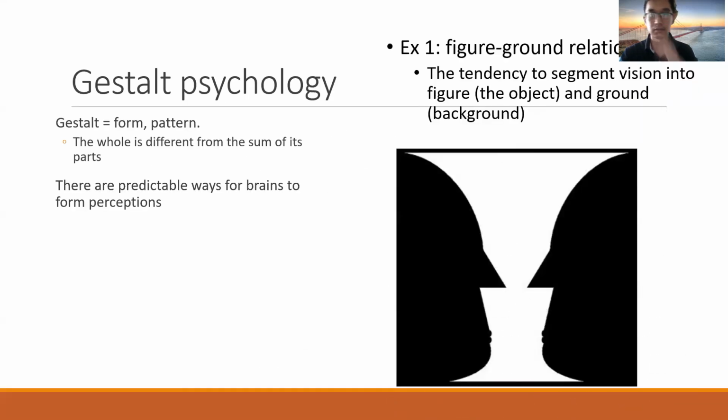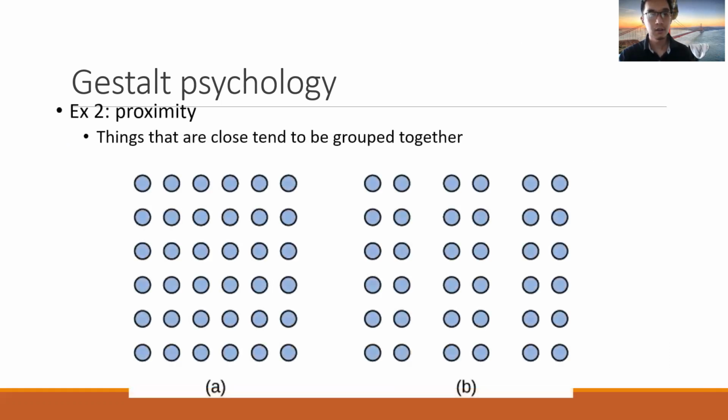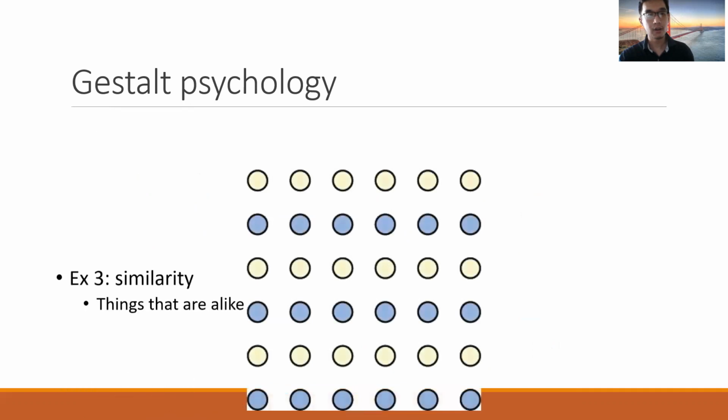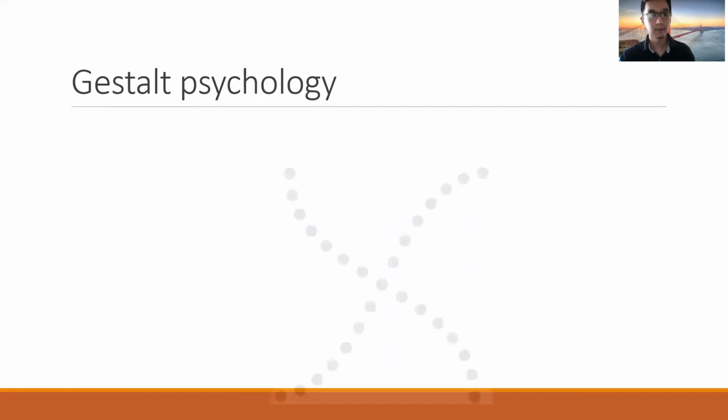Okay, so the first one is the figure-ground relationship, which tends to divide the picture into two parts, the figure, the object, and the background. The second one is proximity: things that are close together tend to be grouped together. The third principle is similarity: things that look alike tend to be grouped together.